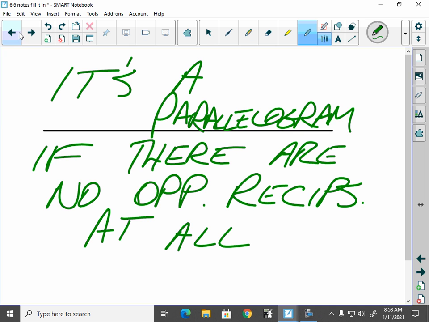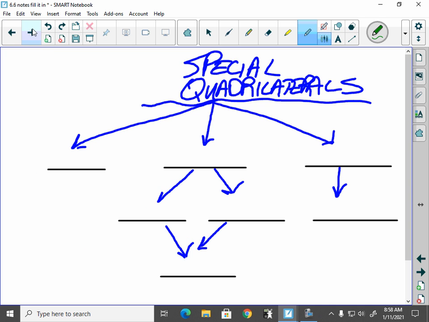Are you ready? In the world of special quadrilaterals, there's a kite and nothing else is like a kite. There's a trapezoid, but there's also a special type of trapezoid. What's a special type of trapezoid?